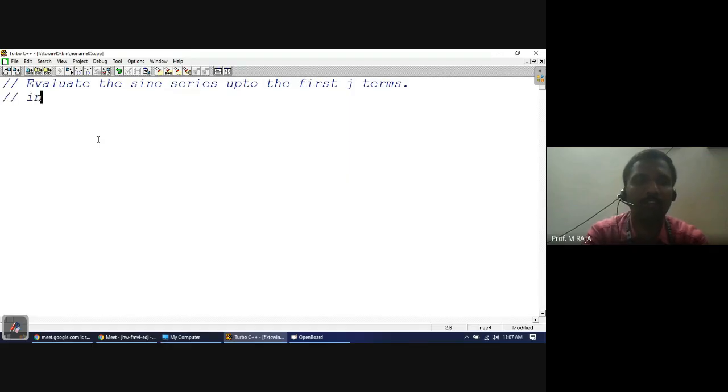What is sin x? Sin x is equal to, what is the formula for the sine series? x minus x power 3 by 3 factorial plus x power 5 divided by 5 factorial minus, etc. This is the sine series.